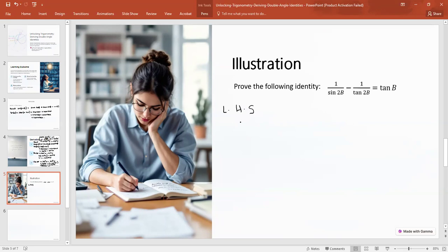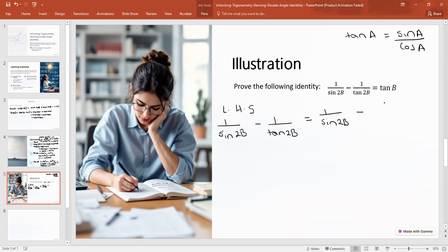The left-hand side states that we have 1 divided by sine 2b minus 1 over tan 2b. This is the same as, remember, we have tan A given by sine A over cos A. You all remember this trigonometric identity. We are going to use this. So we're going to have 1 over sine 2b minus 1 over sine 2b over cos 2b.